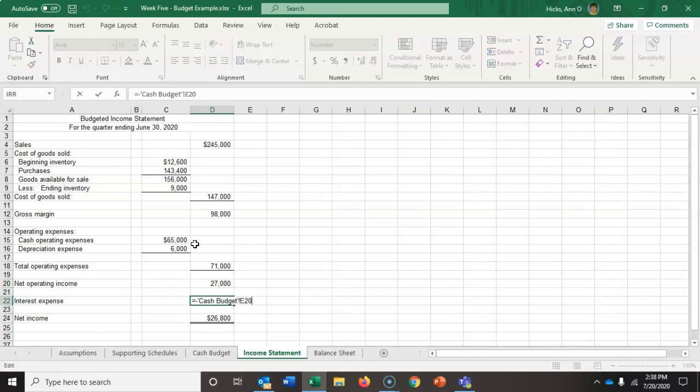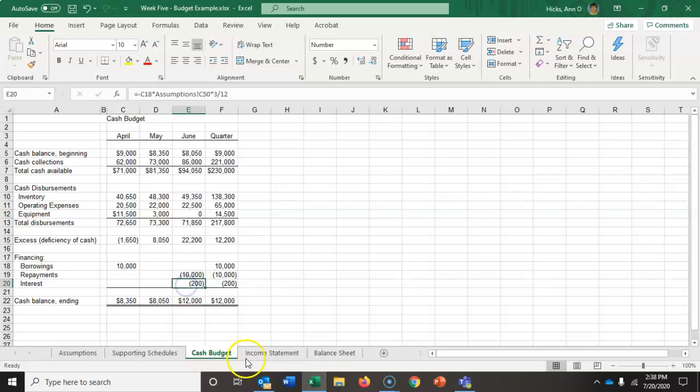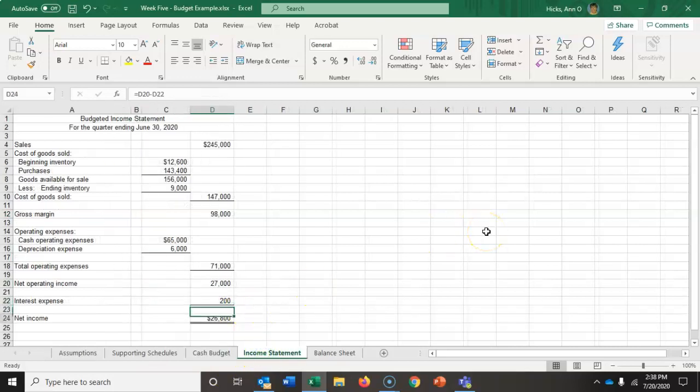Then we had that interest expense, so we pull that over from our cash budget, and we are left with $26,800 in budgeted net income. Okay. So as you can see, once you prepare those supporting schedules, really it's just a matter of everything feeding into the income statement that needs to.